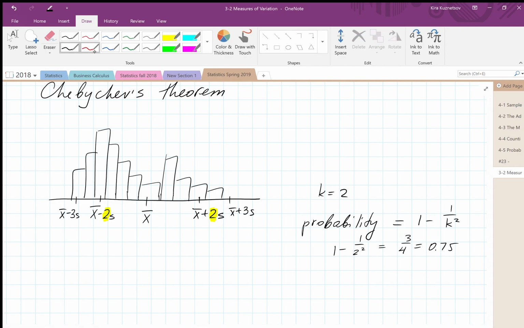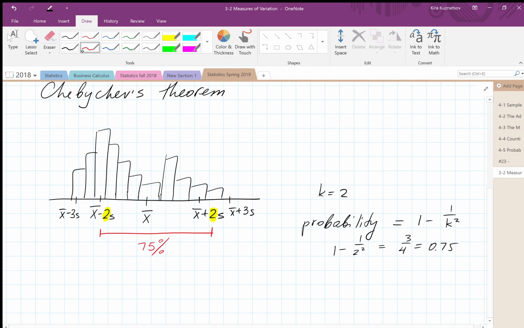So what the theorem says is, regardless of the distribution, if you know the standard deviation, and you go 2 standard deviations to the left and 2 standard deviations to the right, all of the data between those two will cover about 75% of all of the data points.